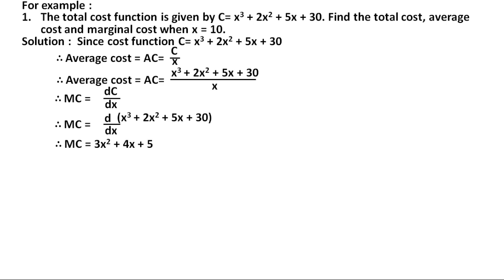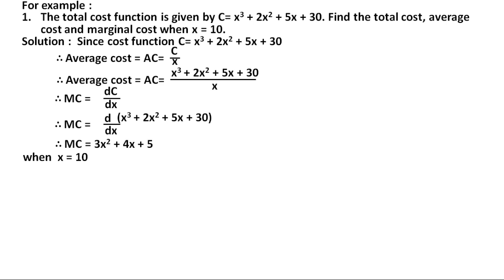Therefore, next step I write: when x is equal to 10. Now the value x is equal to 10 put in our cost function, then we get the total cost.